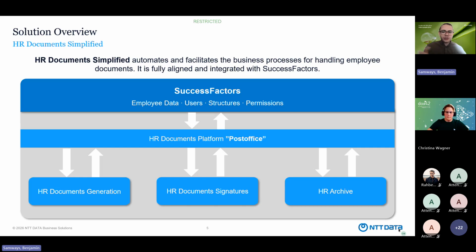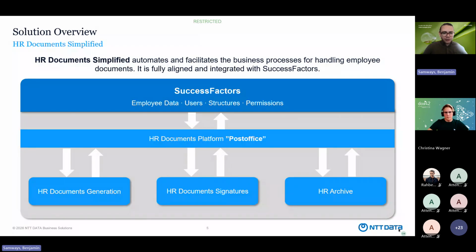And so with the solution, we've created a collection of components that, when combined, eliminates as much as possible of this manual work. It is created with SuccessFactors in mind and is therefore fully integrated. And while SuccessFactors is a great tool, it has relatively basic document handling.